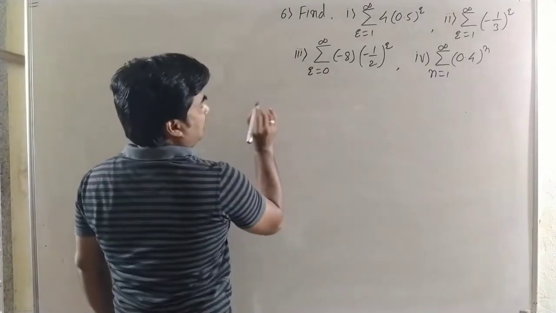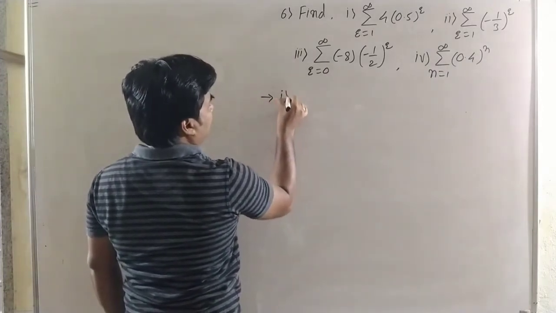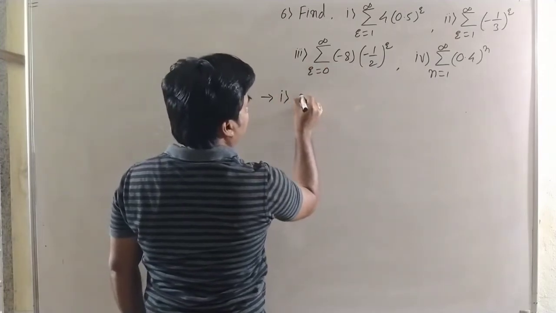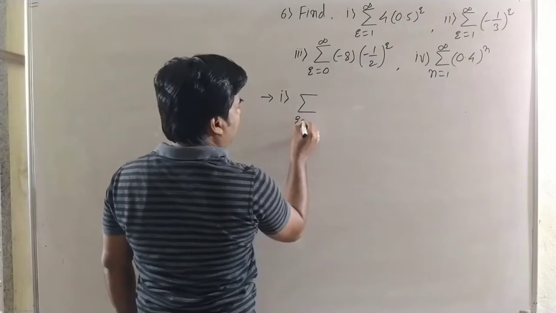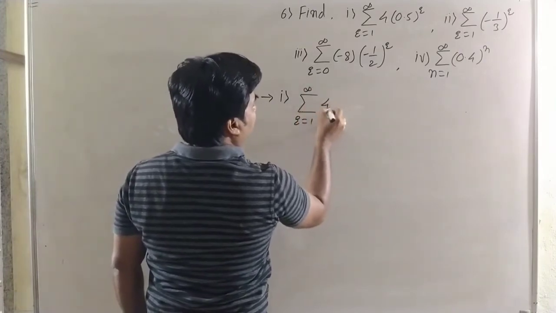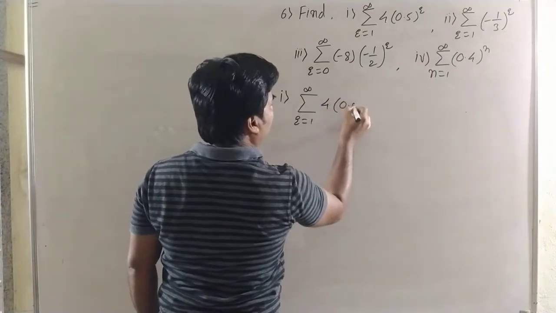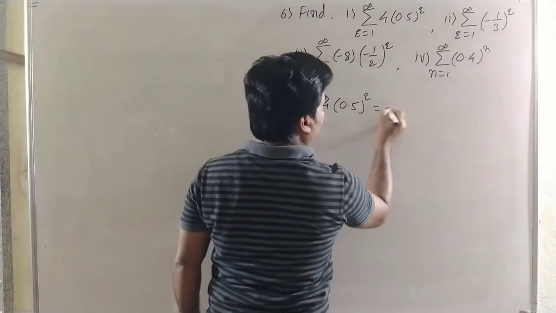For the first example, see carefully. Solution. Here it is given that the summation of r is equal to 1 to infinity of 4 into 0.5 to the power r. Now here 4 is a constant, we take it outside.